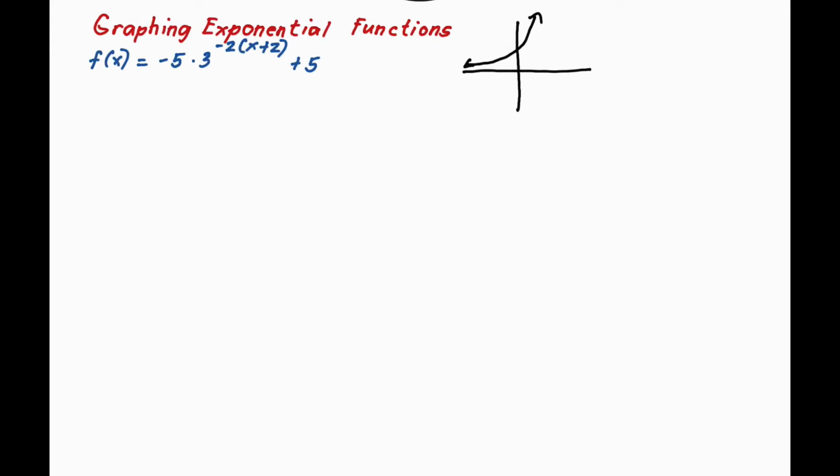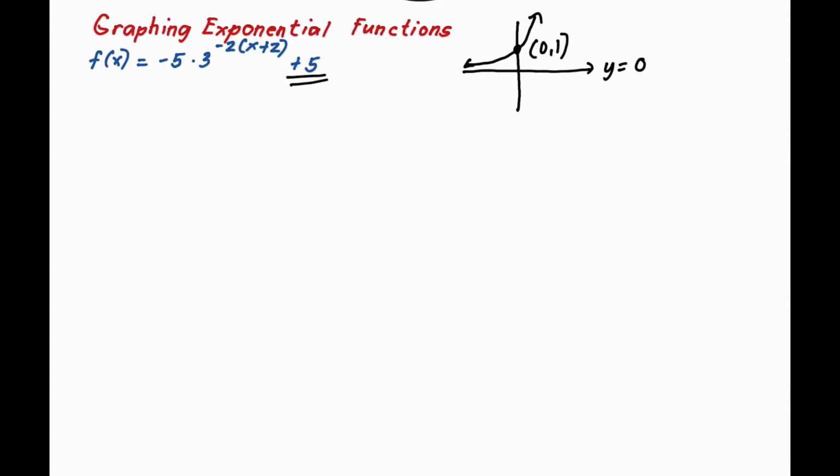That's the basic graph, and this is at (0, 1). We know that this is your asymptote at y equals 0. The first thing you can do here is to graph the asymptote, which is at y equals 5, because that's your d value.